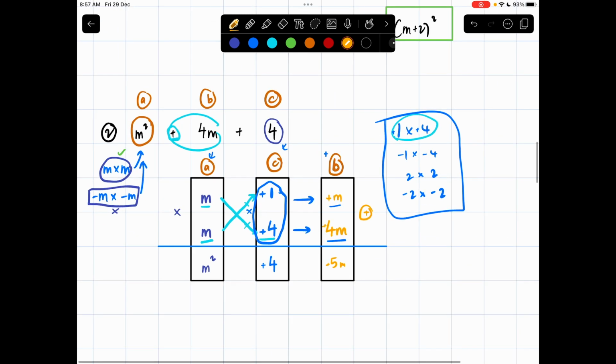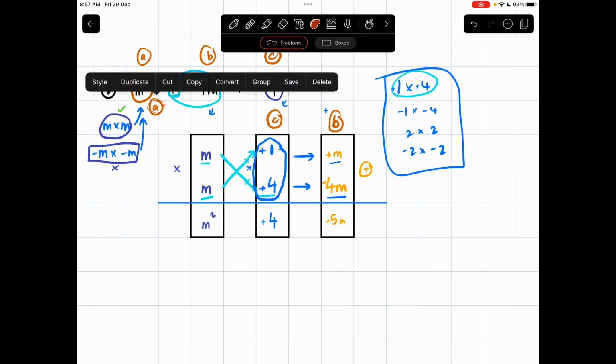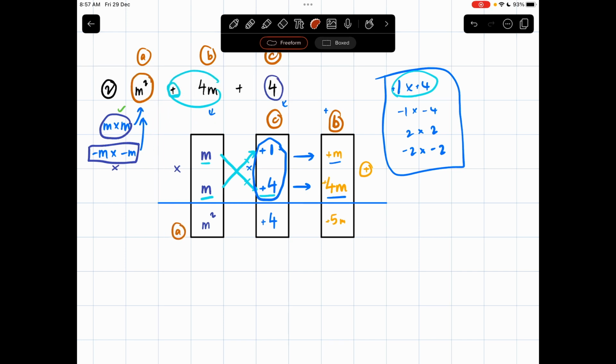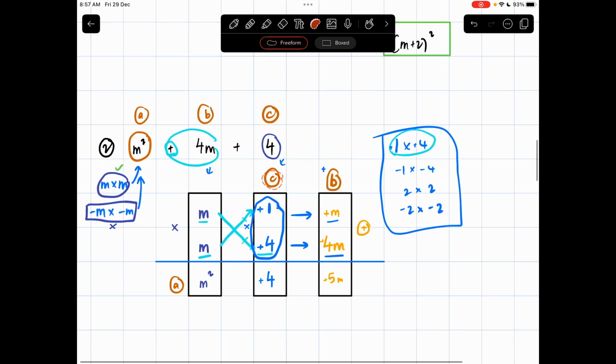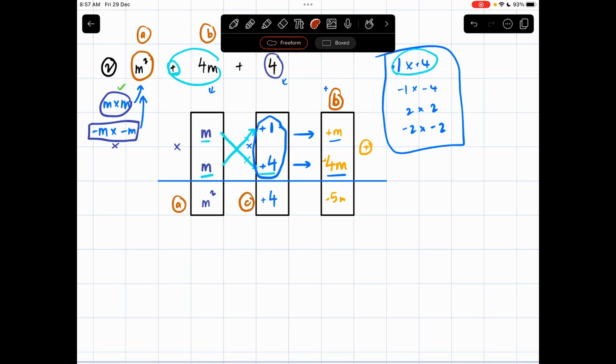So you might wonder, how do I know whether this is correct or wrong? Here is where you have to compare. Remember this A, from the question we know it's m squared. When we bring it down, it has to be the same, m squared. Then for C, from the top we know it's 4, and when we bring it down, it is still 4, so it's correct.